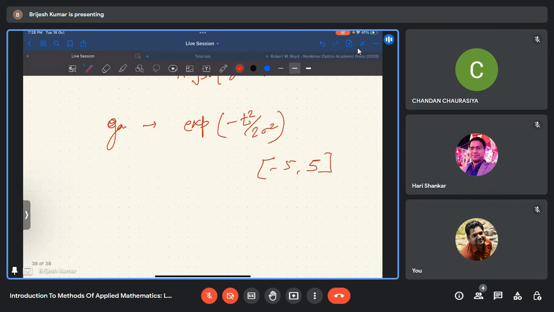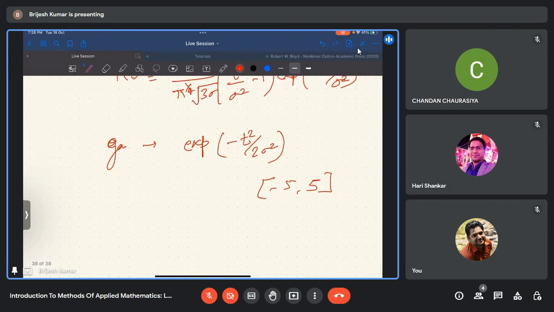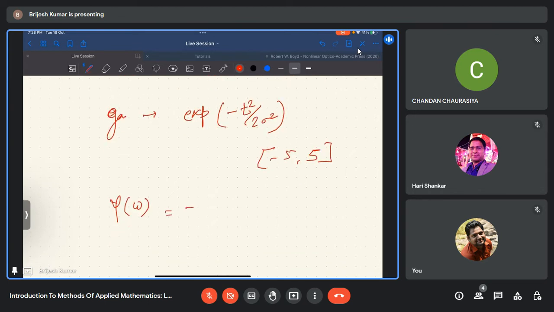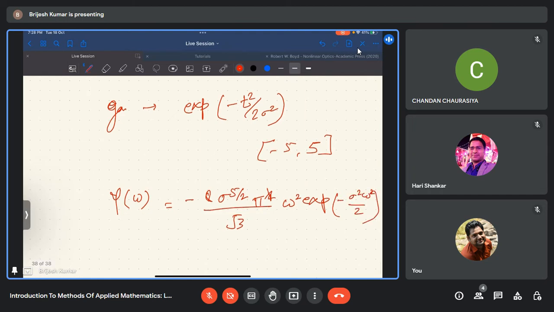The corresponding Fourier transform of this mother wavelet is psi(omega) equal to minus 8 sigma to the 5/2 pi to the 1/4 upon root 3, omega square, exponential of minus sigma square omega square by 2.